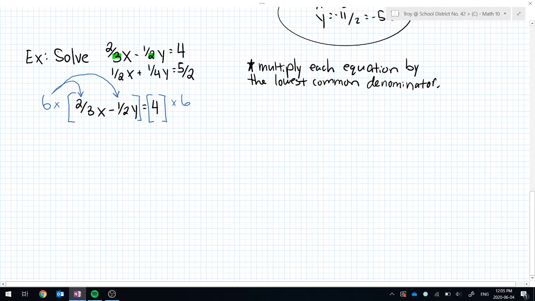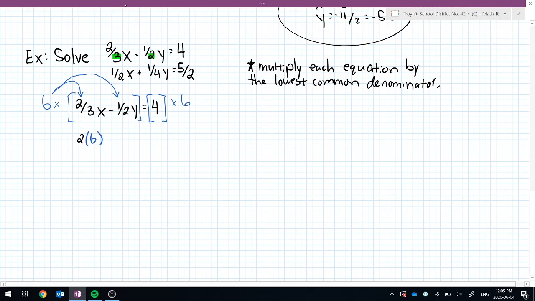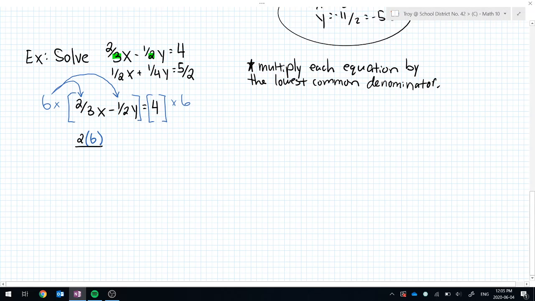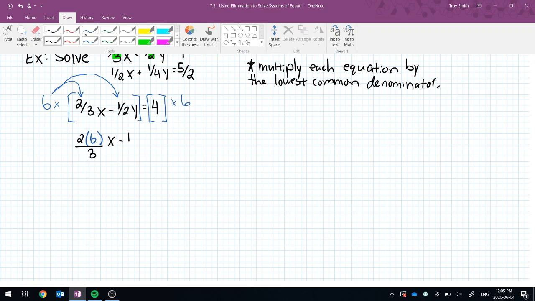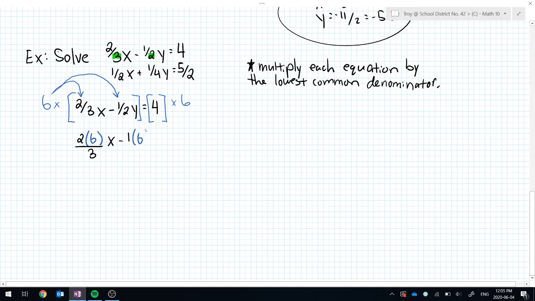So on the left-hand side, I'll do 2 times 6 over 3x minus 1 times our 6 over 2y equals 4 times 6, which is of course 24.